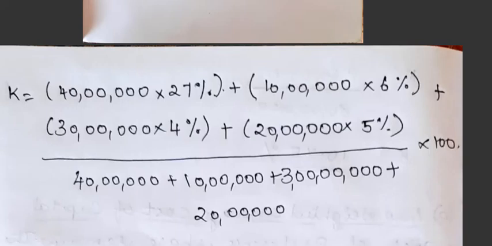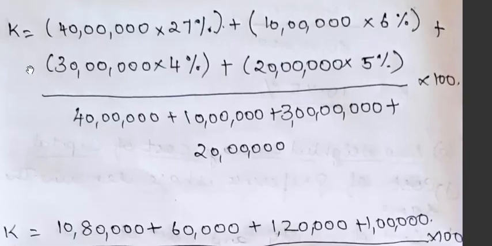Now we will calculate the new weighted average. It is 40 lakh equity at the new 27%, plus 10 lakh preference shares at 6%, plus 30 lakh old debentures at 4%, plus 20 lakh new debentures at 5%.